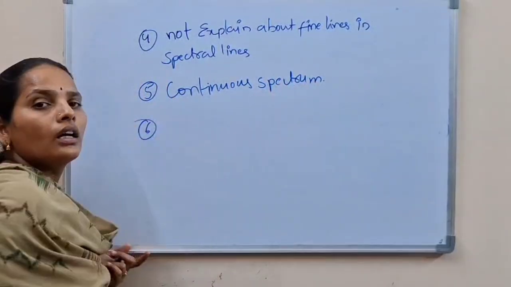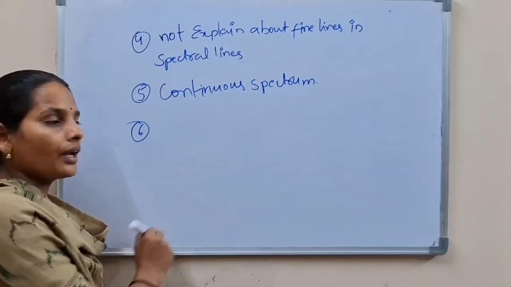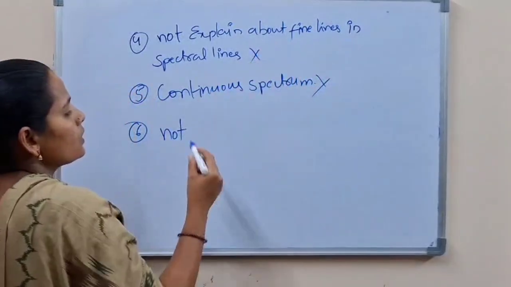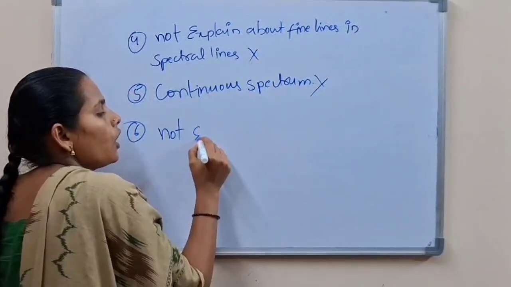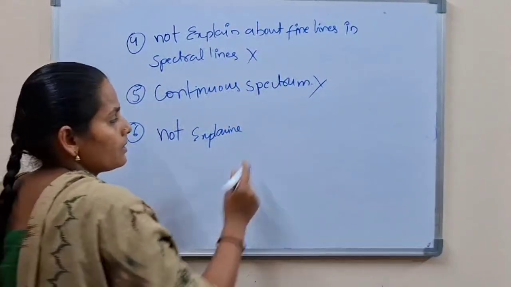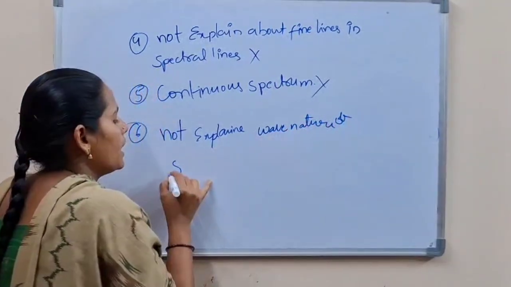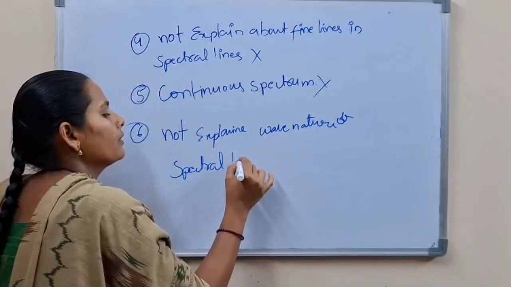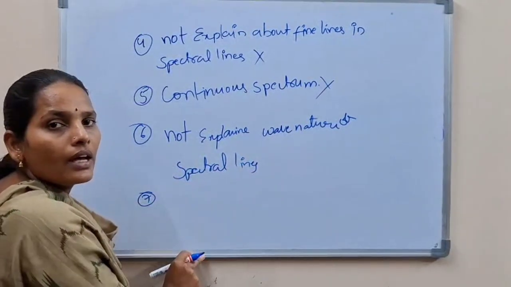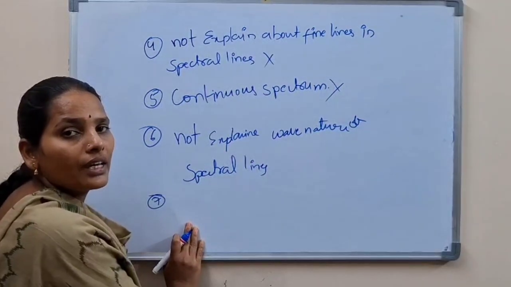Sixth point, this theory did not explain the wave nature of the spectral lines. And one more, this theory was not explaining the intensity of the spectral lines.